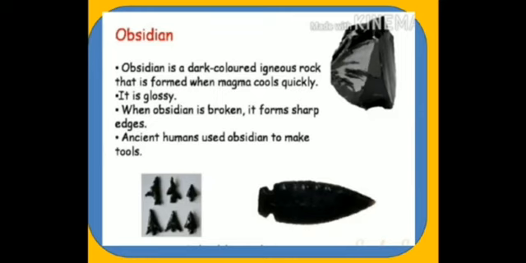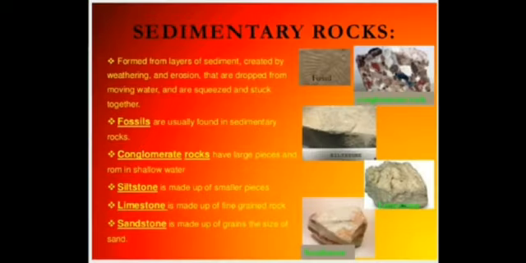Now we move to the sedimentary rocks. Sedimentary rocks are formed due to the deposition of small pieces of rock, soil, and plant and animal matter over thousands of years by the action of wind, rainwater, and flowing river water.